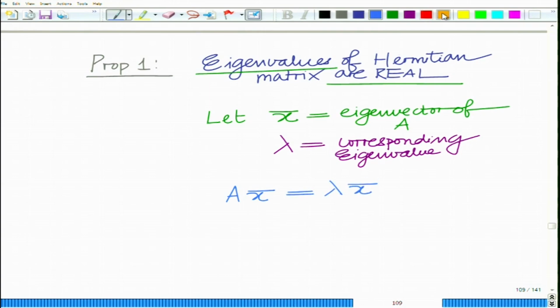Now what we are going to do is take the Hermitian on the left and right side.